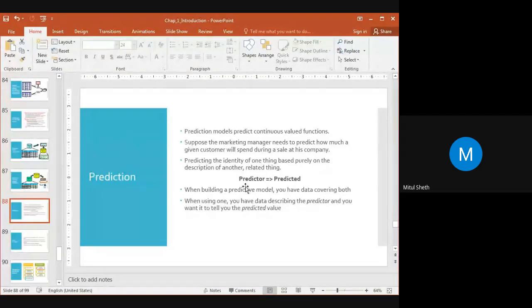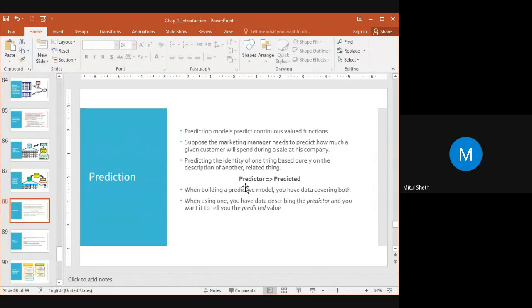Okay, the classification model is used for your categorical or nominal data. If you want to apply a classification model on a continuous value, at that time you need to use the prediction. Okay, so you can use the prediction model on a continuous value.